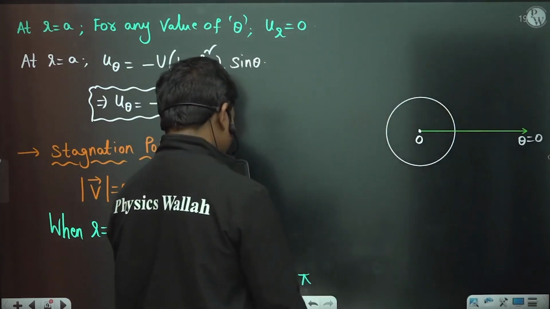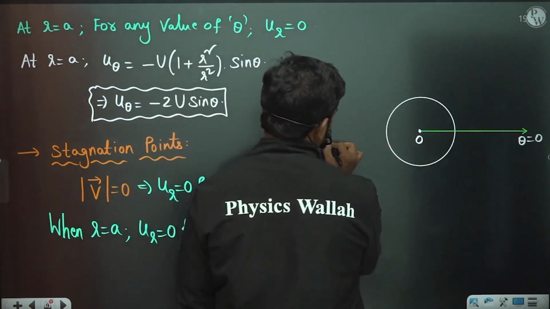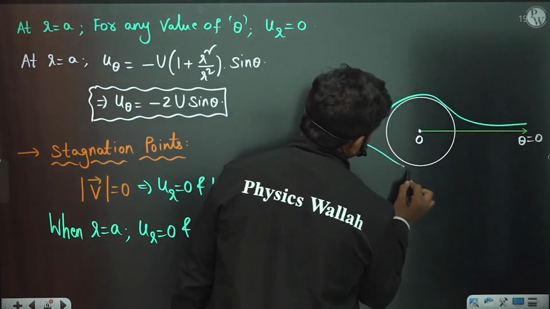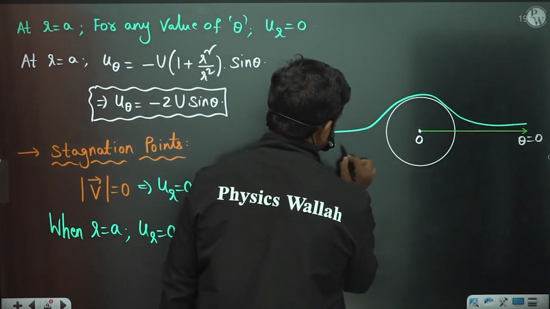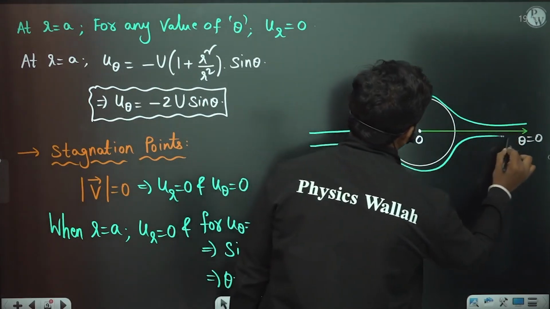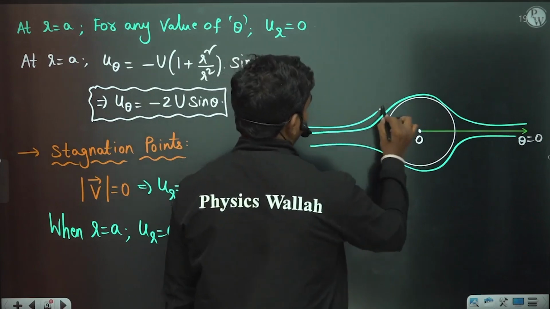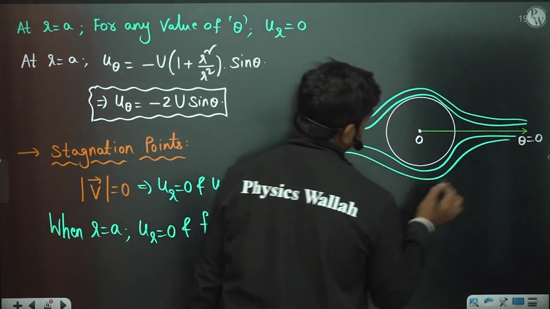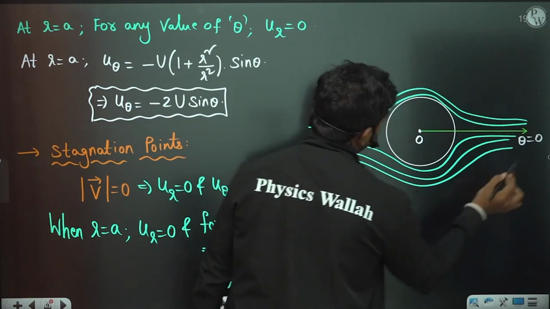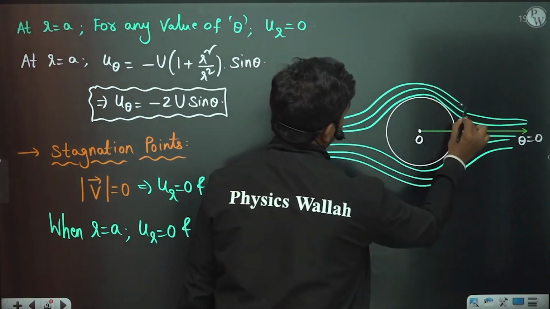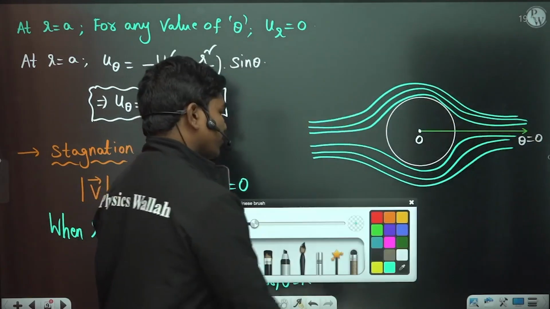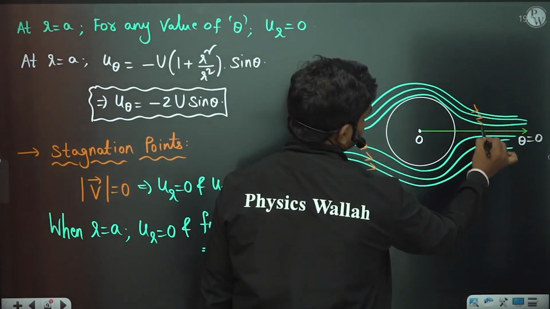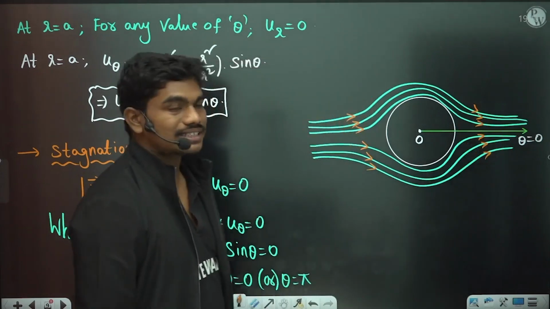Now if you see the flow past this, the flow comes like this and it escapes like this. Similarly it comes and goes around. So this is how you have the flow for different streamlines. So there is some flow over this cylinder.